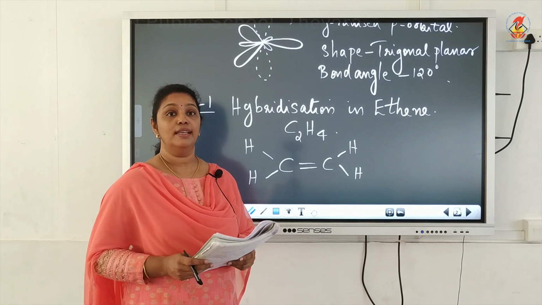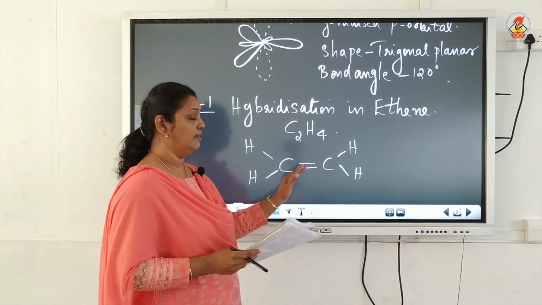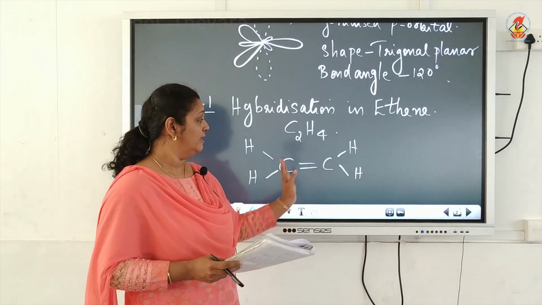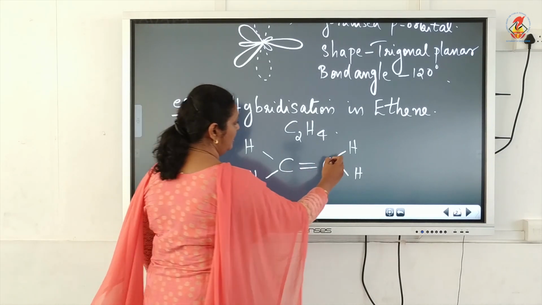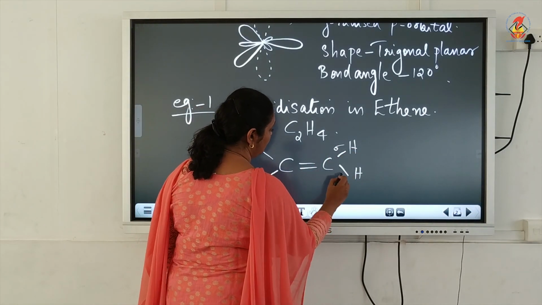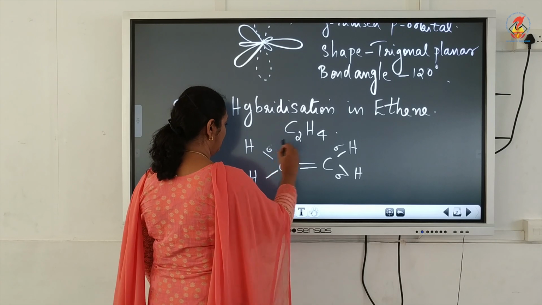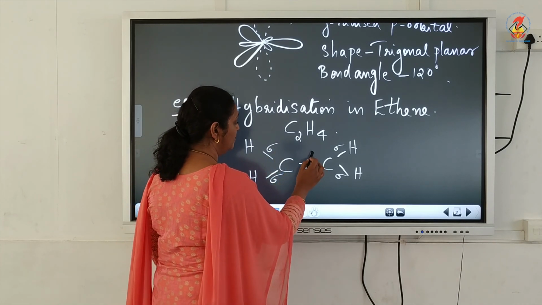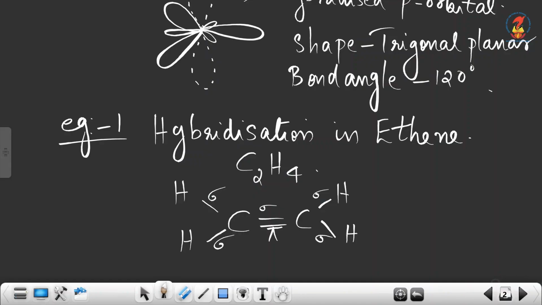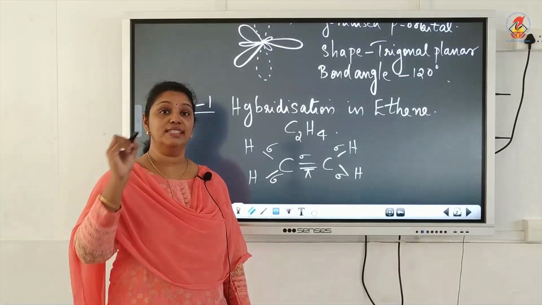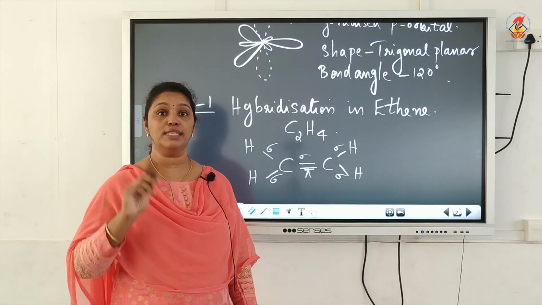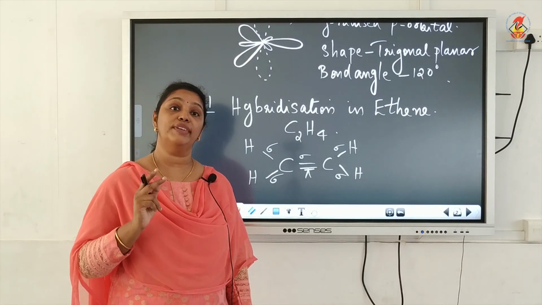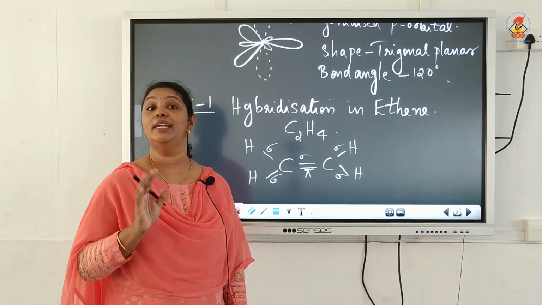Now let us see how these bonds are formed. The C-H bond is a sigma bond, this C-H bond is also a sigma bond, and there is a double bond between two carbon atoms, out of which one is sigma and the other is a pi bond. We know the single bonds are all sigma bonds. A pi bond is formed along with the sigma bond and it is observed in multiple bonds.